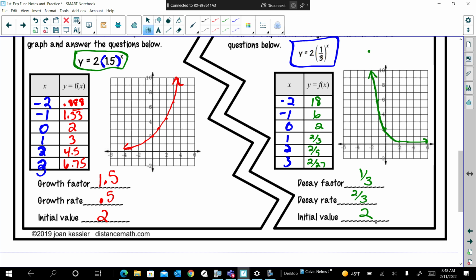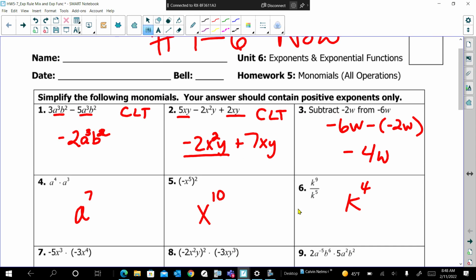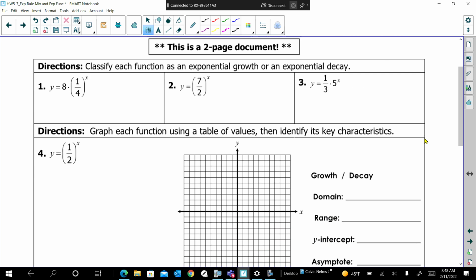All right, so on that worksheet that we started off with, flip it over. Couple things, guys, I need you to make sure you do. The first 3 is just telling me, would it be a growth or decay, just looking at the equation, okay?